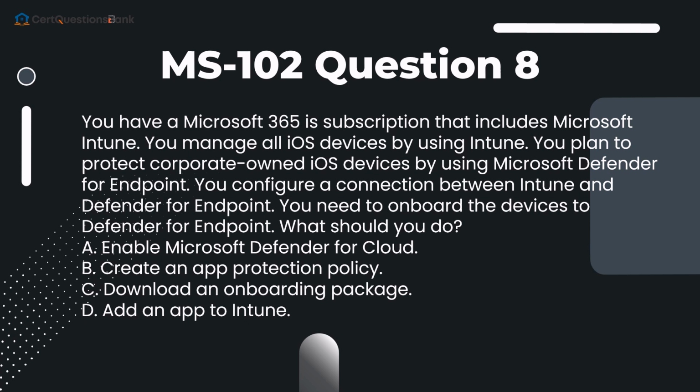You need to onboard the devices to Defender for Endpoint. What should you do? A. Enable Microsoft Defender for Cloud. B. Create an app protection policy. C. Download an onboarding package. D. Add an app to Intune.